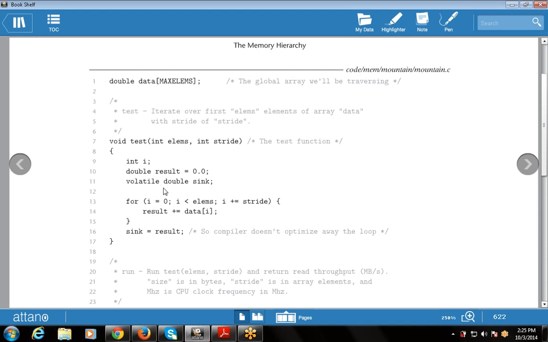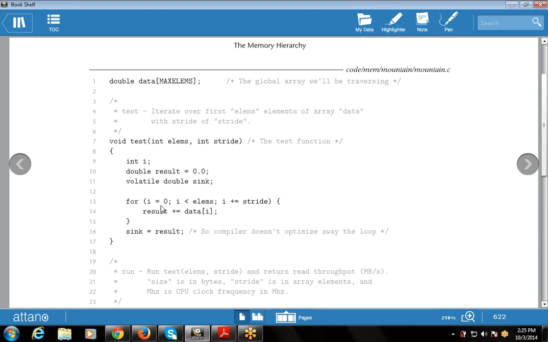Then take another variable of type volatile double, with the variable name sink. Then use a for loop starting at 0 and running while i is less than elements, with i plus equals stride instead of i plus plus.